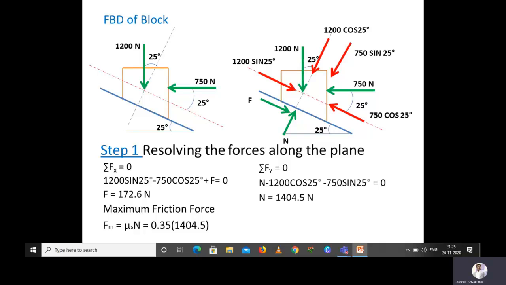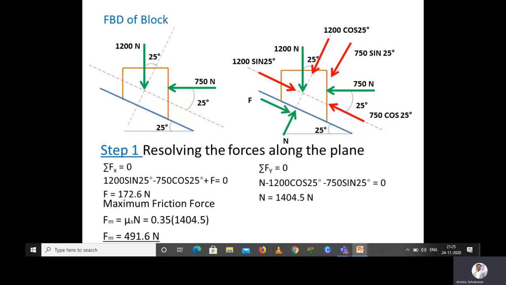By substituting these two values, the limiting friction value is 491.6 Newton. Once we have calculated the limiting friction, we can compare the frictional force with the limiting friction value. Therefore, F is less than Fm, that is, the frictional force is less than the limiting friction. So the block is in equilibrium.